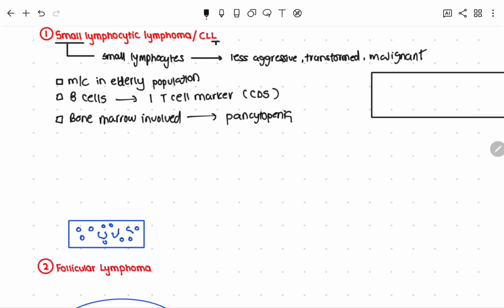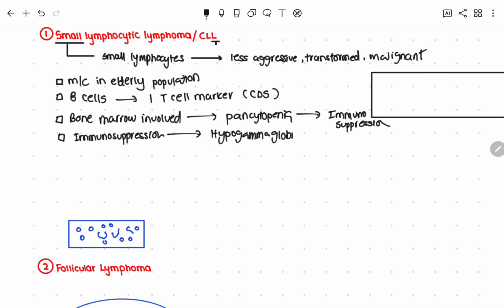And because of pancytopenia, you're going to have immunosuppression because you do not have functioning white blood cells that can fight off any infection. Immunosuppression in this case is basically just characterized by the fact that you cannot produce enough antibodies, or the patient is in a state of hypogammaglobulinemia.